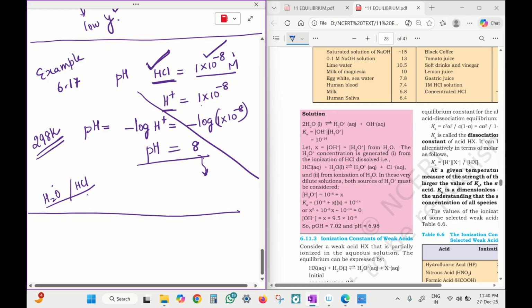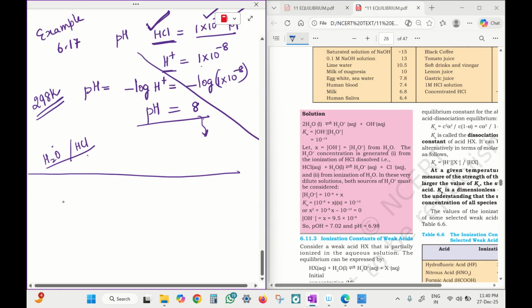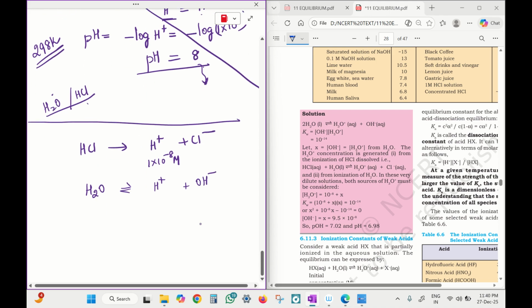When the H plus ion concentration is so low, we cannot do it this way. Why? We know that HCl dissociates to form H plus and Cl minus, and the amount of H plus is 1 into 10 to the power minus 8 M. Whereas water, being a weak electrolyte, dissociates to produce H plus and OH minus, where the H plus produced by water is 10 to the power minus 7.